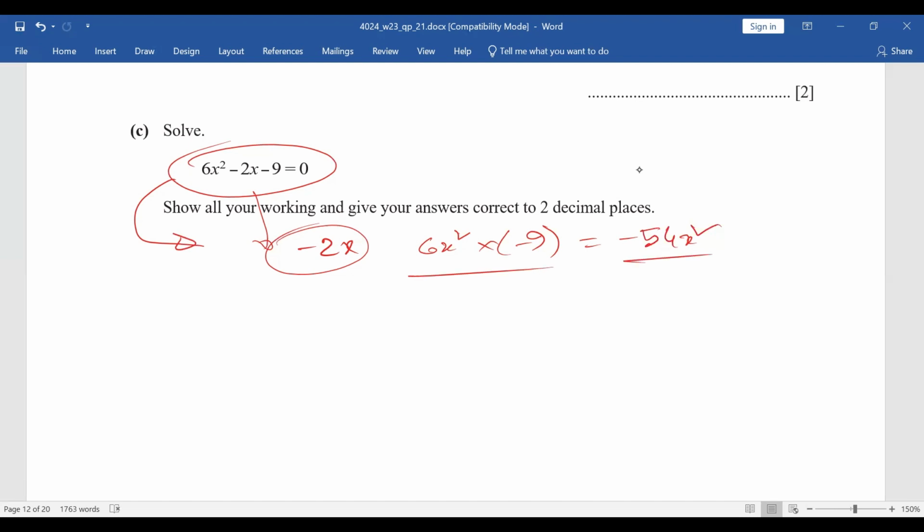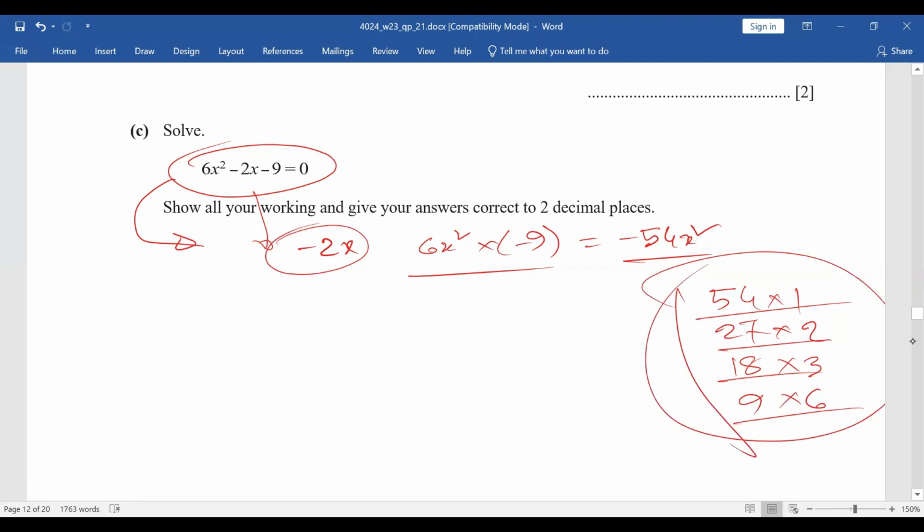Okay, let's try. We can express 54 as a product of two numbers in this way: 54 1s are 54, 27 times 2, 18 3s, and 9 6s. But these pairs will not work.